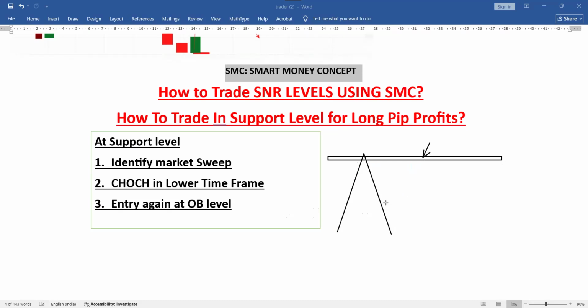So in this, I am tending to avoid those setups, avoid entering immediately. So how we will avoid as an institutional level trader, how we will enter the trade at the SNR level, I'm going to give you a little input.